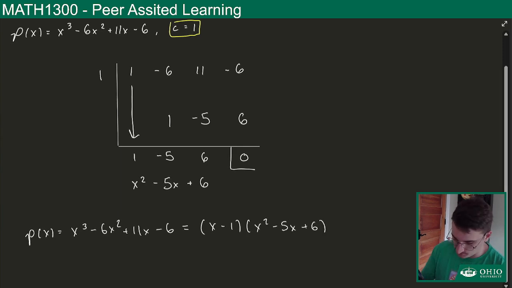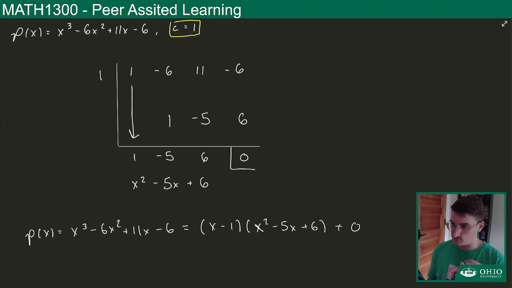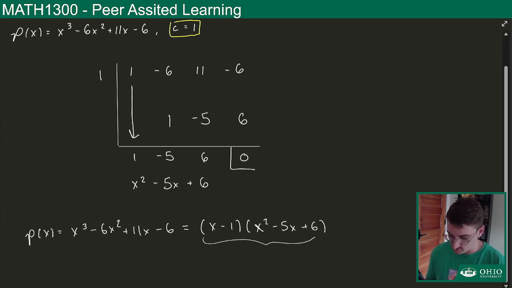Now, sorry, I forgot to mention one thing. The key ingredient here is the fact that our remainder is 0. Because our remainder is 0, there's nothing extra we have holding on to, and you can already see that this is starting to look like a factorization. The only thing we're missing is factorizing this.